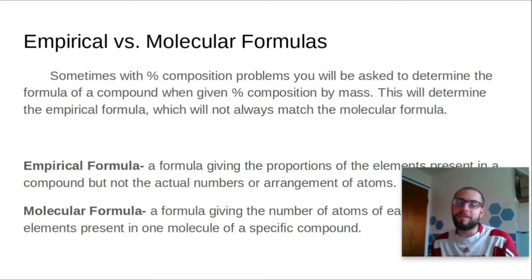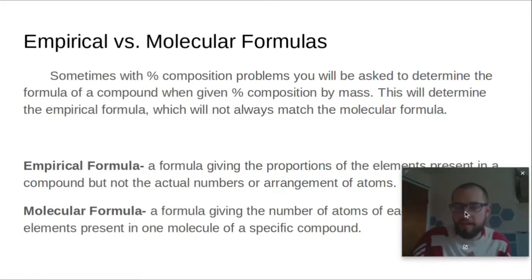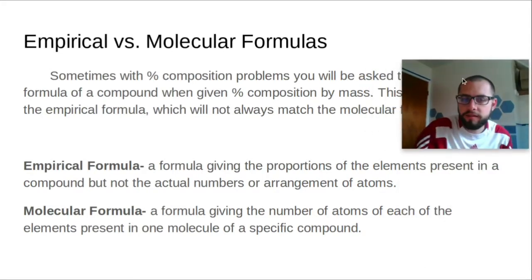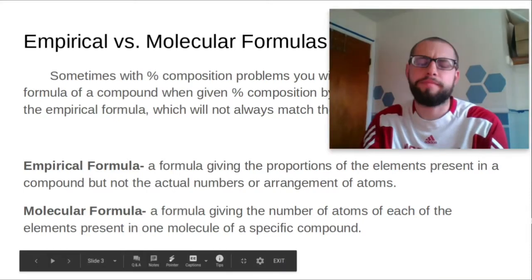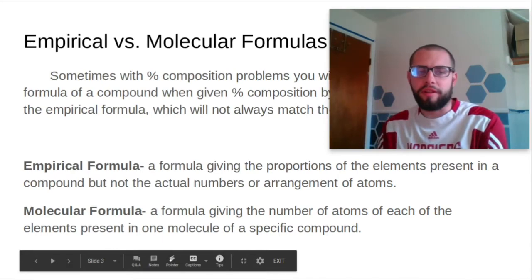So I've been using the word formula, but there's actually a few different types of formulas that we're going to be talking about. We got the empirical formula and the molecular formula. What we're looking at here, like I said, two different kinds of formulas.